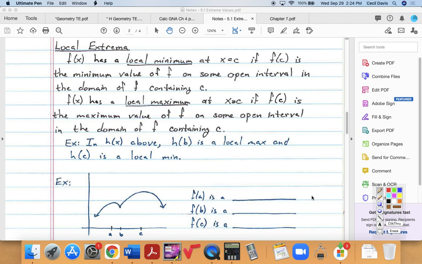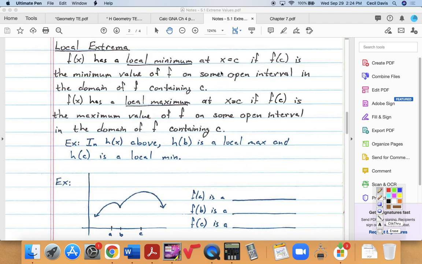They are the local maximum, right? If you restrict it enough, then they might be the fastest, tallest, whatever. But you might have to restrict things an awful lot. Okay? So that's a local minimum or a local maximum.